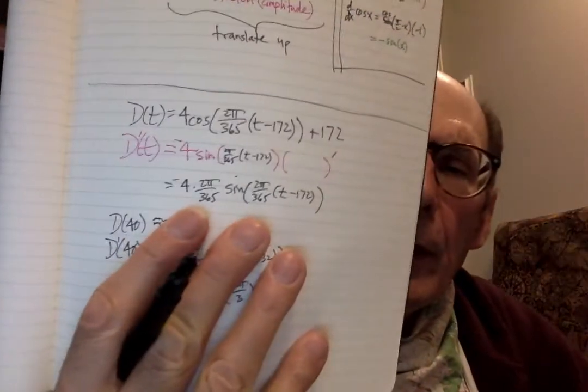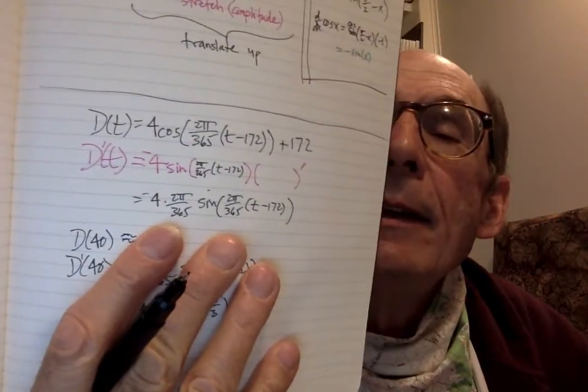So if we look very quickly at 172, when t is 172 and we look at these formulas, then we're taking the cosine of 0 for the time of daylight. Cosine of 0 happens to be 1. You could Google that, or a lot of people remember it.